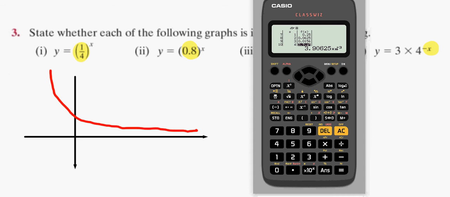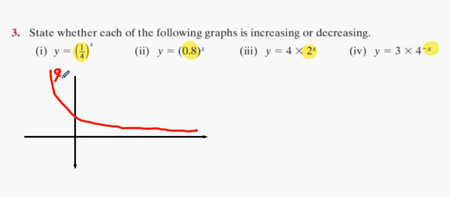Is that downhill or uphill? Bit of a downhiller, isn't it? So what would that mean? Increasing or decreasing? Decreasing. The y value is always getting smaller. So this is decreasing. Okay. The next one, same deal, isn't it? Decreasing.